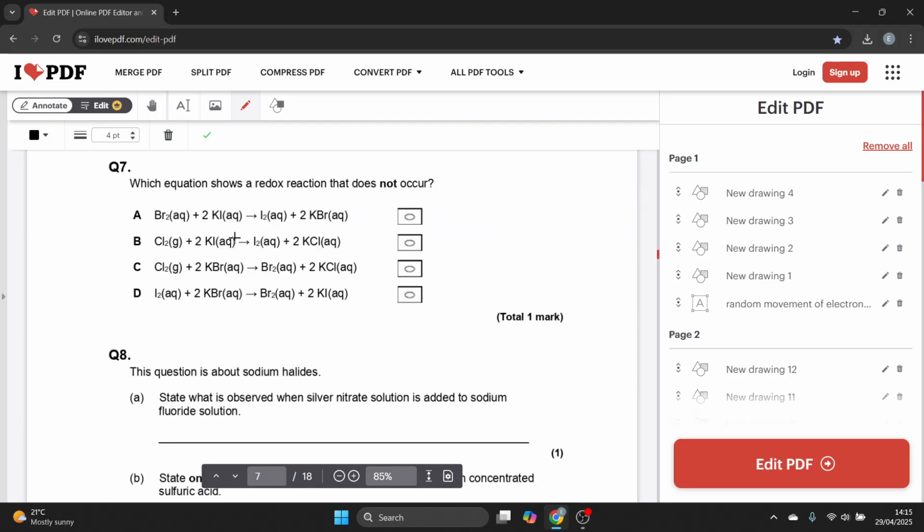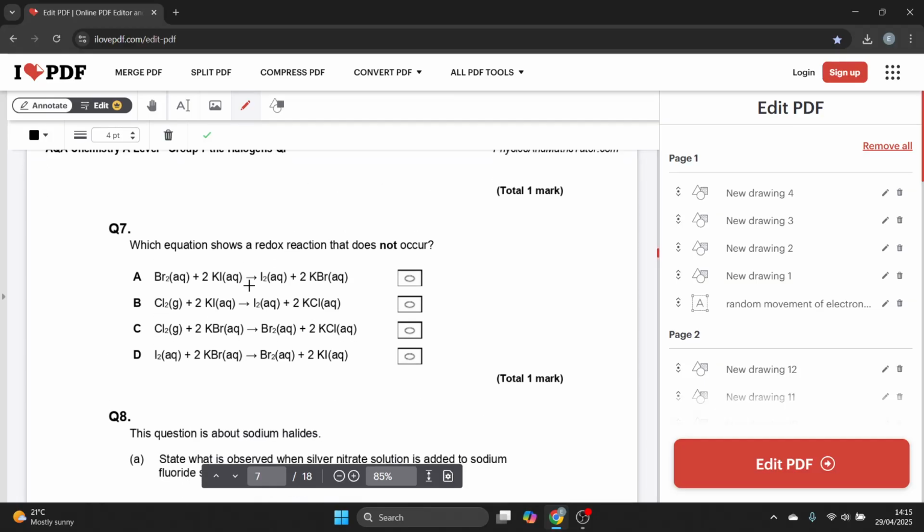Question 7. Which equation shows a redox reaction that does not occur? What you need to spot is that bromine and potassium iodide can react. Iodine is further down the group than bromine, so the reaction can occur. Chlorine and iodine: iodine is further down group 7 than chlorine, so it can occur.